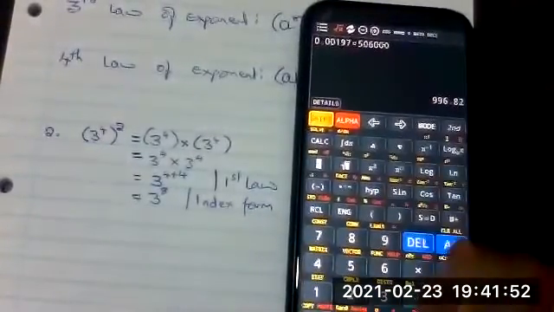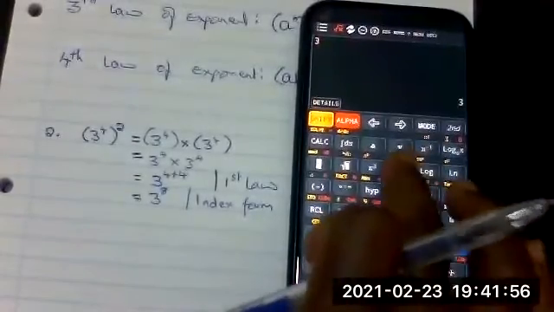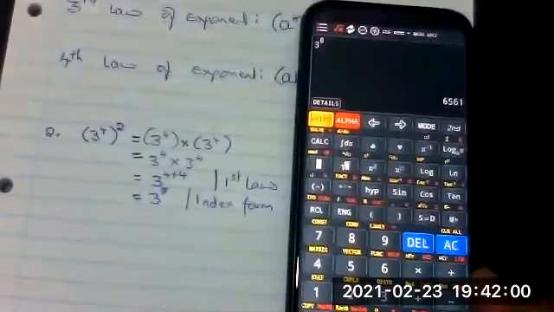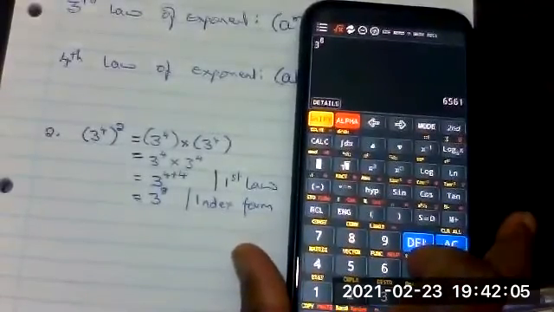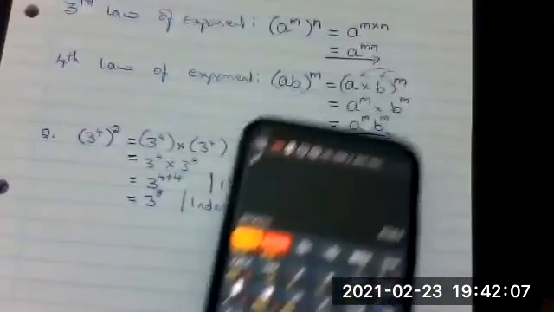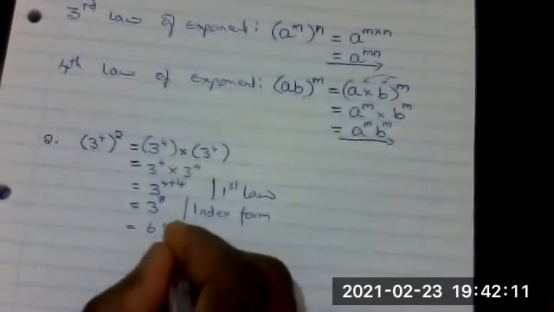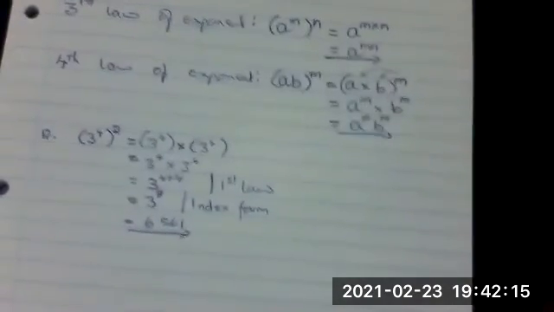So it's 3 to exponent 8. Then the answer becomes 6,561, right? This is our simplified answer.